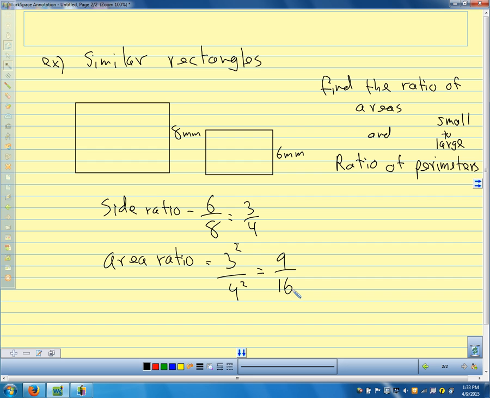So that's what we were just talking about. If the ratio of the lengths of the sides is 3/4, the ratio of the areas is 9/16. So if the area of this is 9, the area of this one would be 16. And they would always be in that ratio.